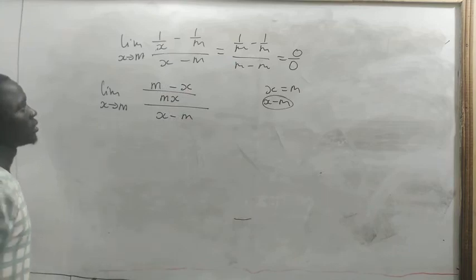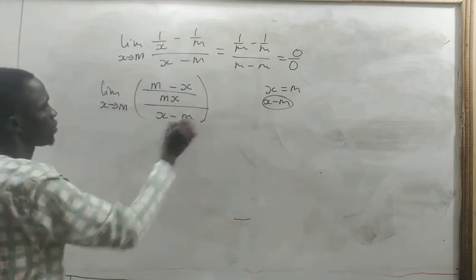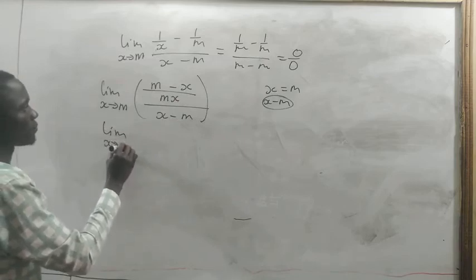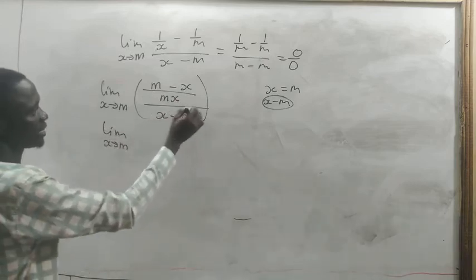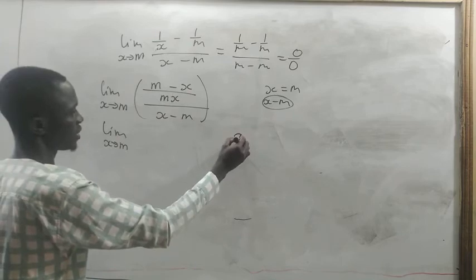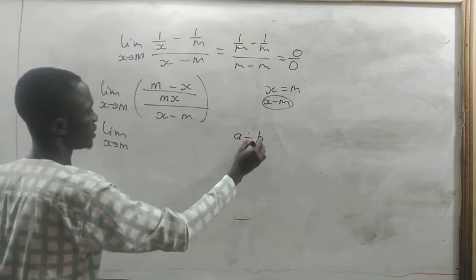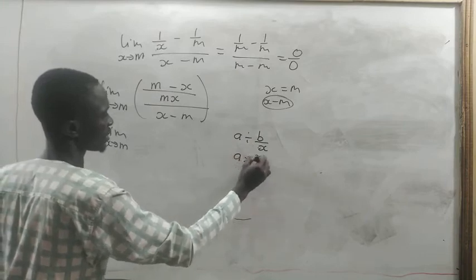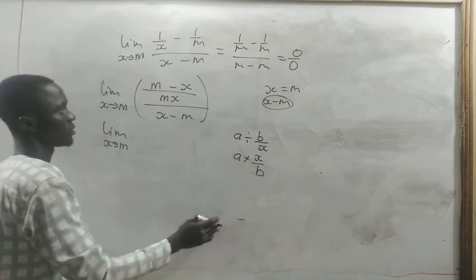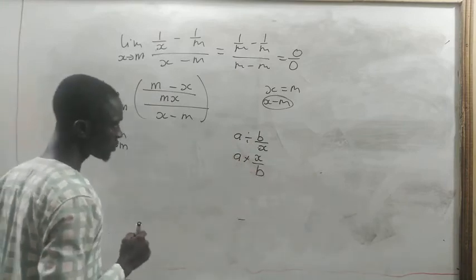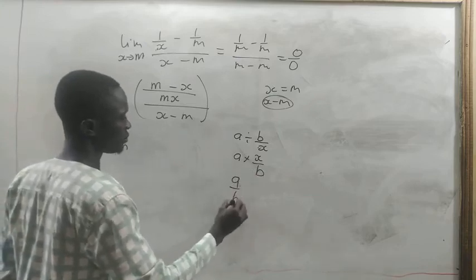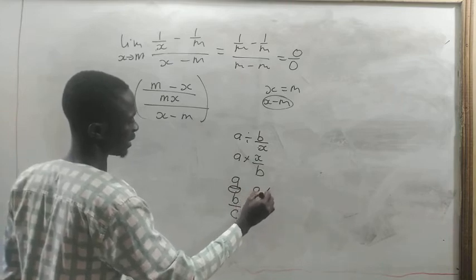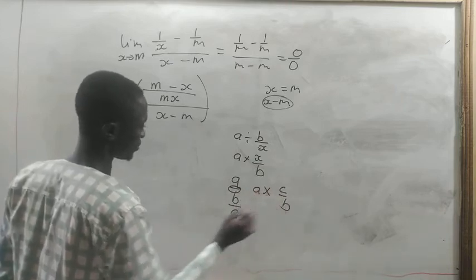So we are going to have the limit as x approaches m. Now, since we are dividing, if you have a divided by b divided by c, then you have a times c on b.